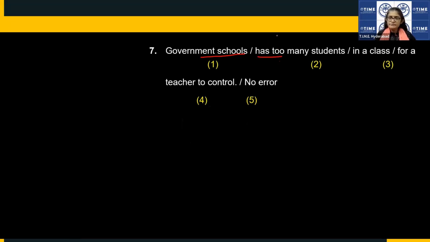To have is the basic form, the infinitive form. To have can take different forms, right? Has, had, etc. But now the subject is plural. Government schools. So what should we say? Have too many students. Have agrees with the plural subject. Hence, the error is in part 2. Okay.